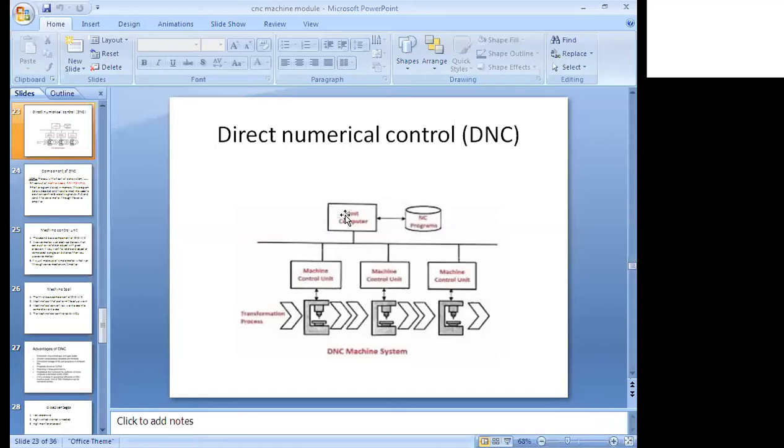Only one thing we have to understand in the CNC machine: what will happen here. We have one computer, and with that computer we prepare the part program and store it in the computer. With the help of that computer, we connect the servo motor.